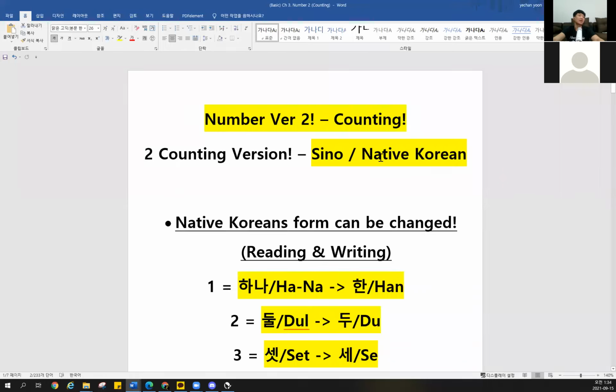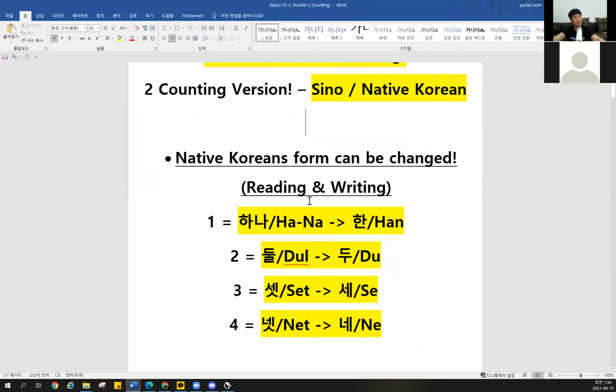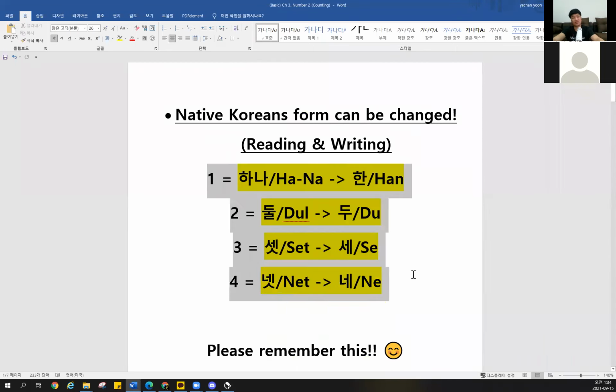But for the native Korean, we have a different form, called the changing form. Depending on the writing and the reading, some word forms can be changed. I'm going to tell you which ones. Actually, only 4: 1, 2, 3, 4.